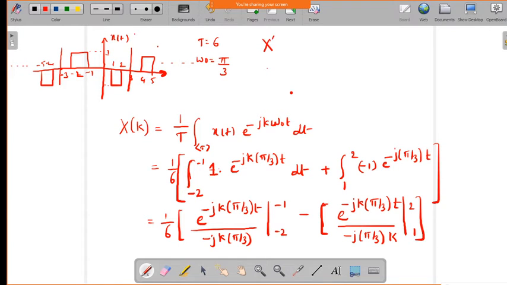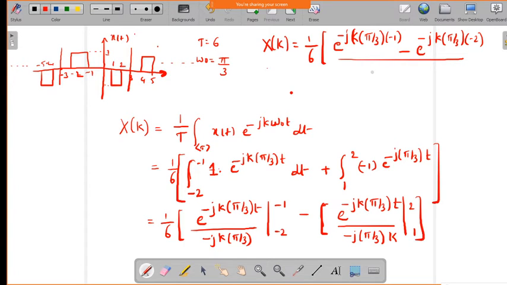So what you will get, x of k, which is equal to 1 over 6 into, e power minus j k into pi by 3 into minus 1, minus e power minus j k pi by 3 into minus 2, divided by minus j k into pi by 3.